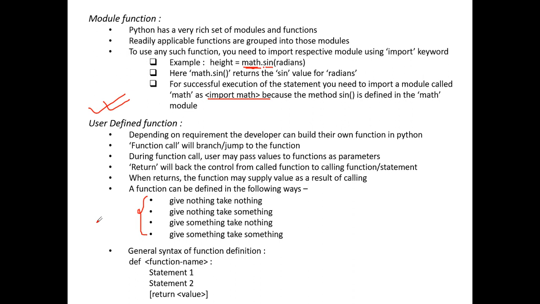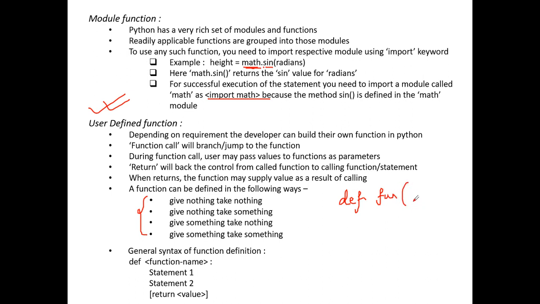Let me tell you how to write a function in Python. To write a function in Python you have to use this keyword def, short form of definition. Then you have to give the function name. Say you are giving the function name as fun.